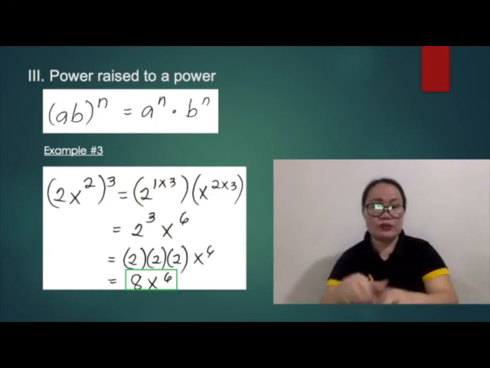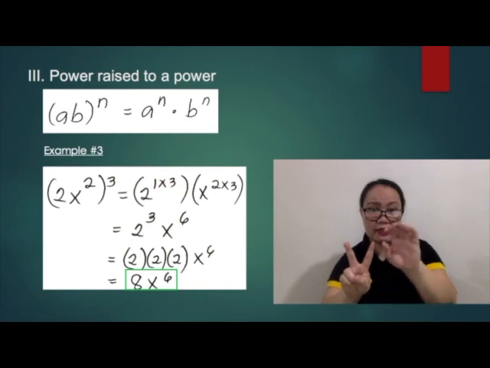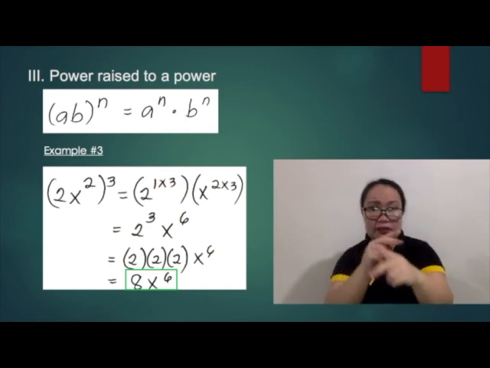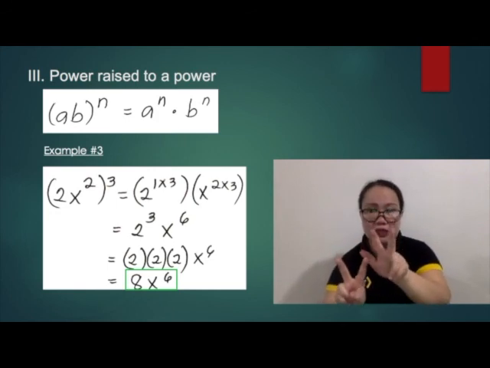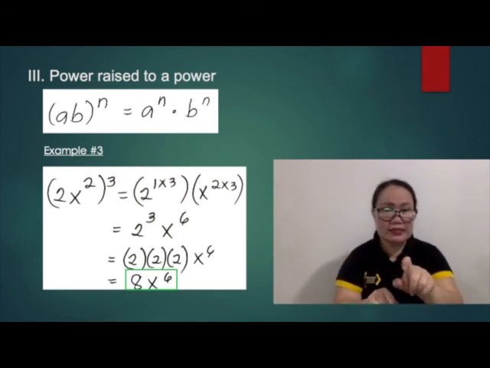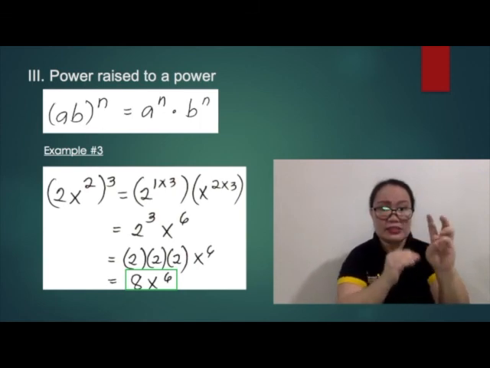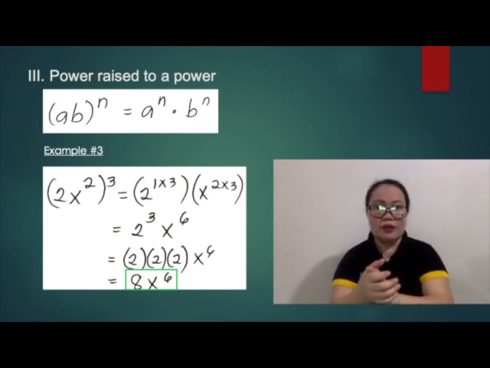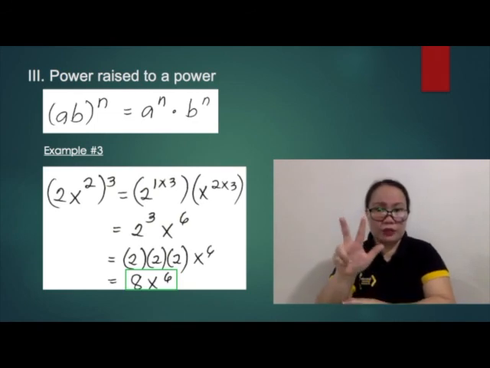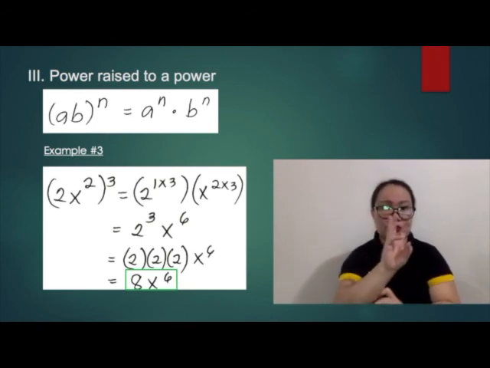So for 2, the exponents are multiplied: 1 times 3 is 3, so 2 raised to the power of 3. And for x, 2 times 3 equals 6. So 2 raised to the power of 3, x raised to the power of 6.